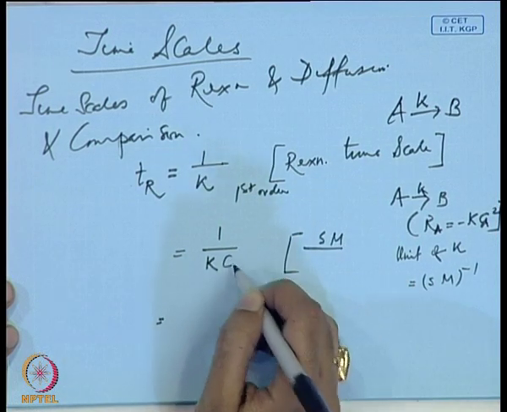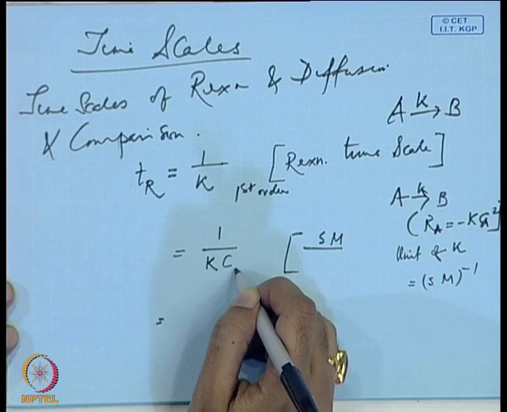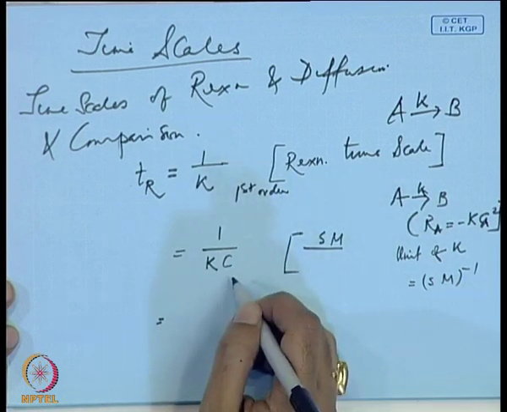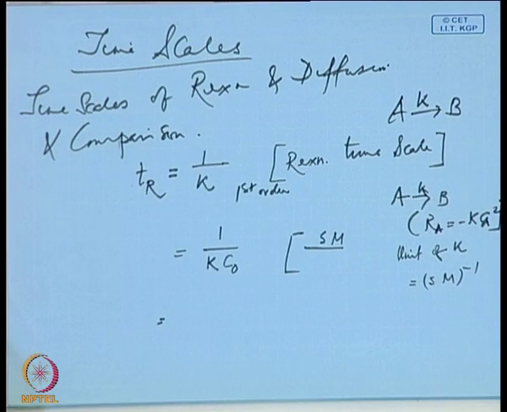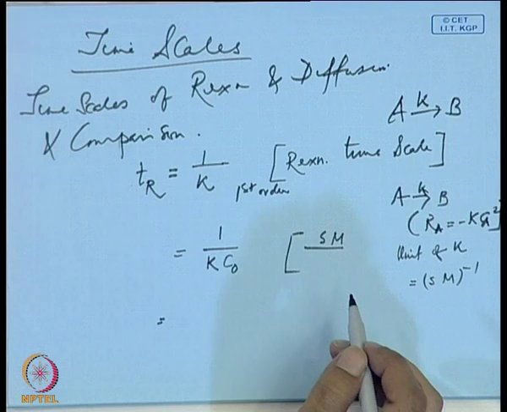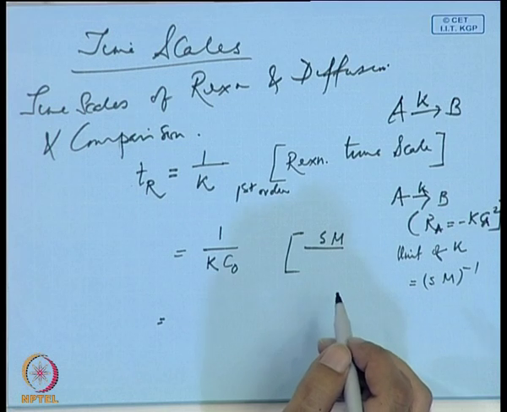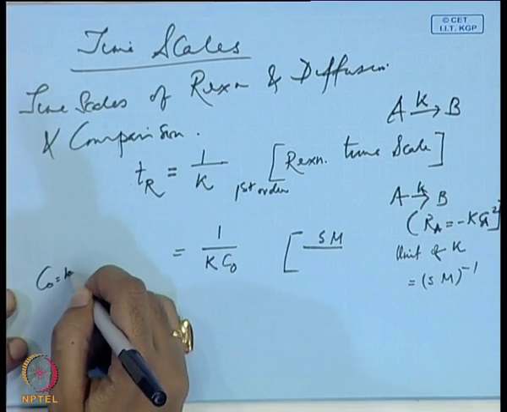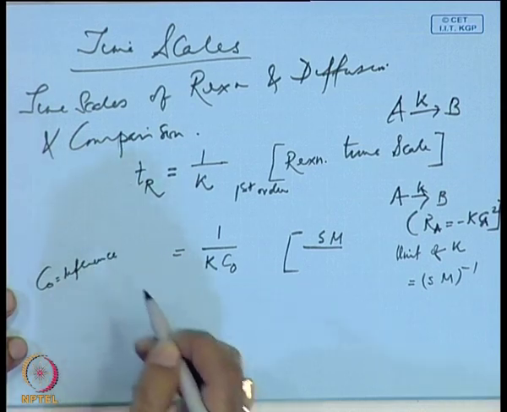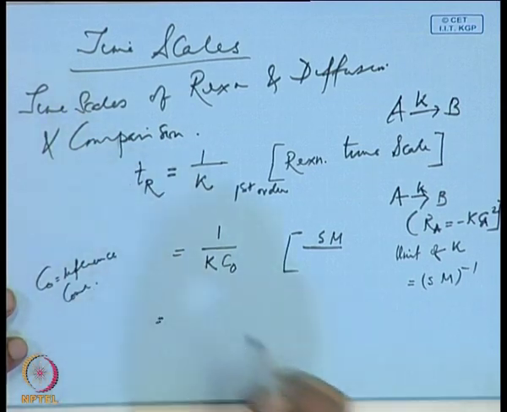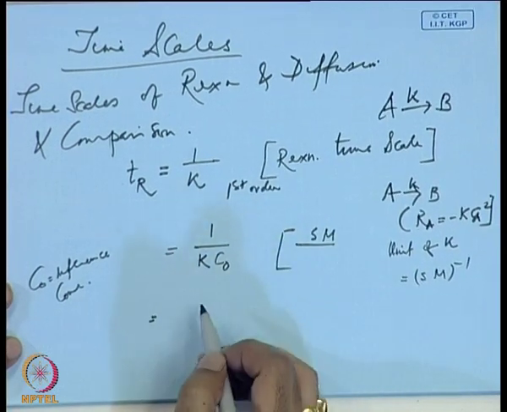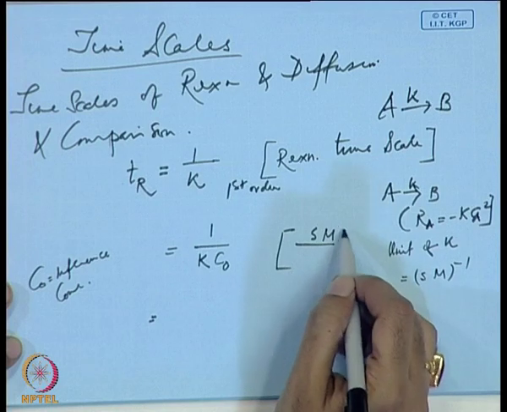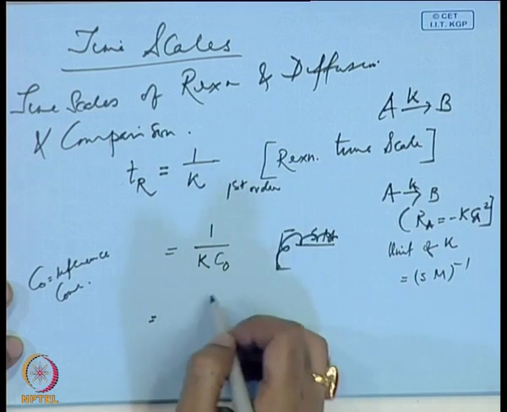So, you will have K C, you have to divide it by molar to get time. So, you put a K C naught. What is C naught? It is some reference concentration. It could be the initial concentration typically. Again, this is the unit of time.